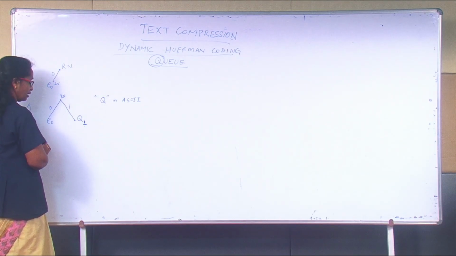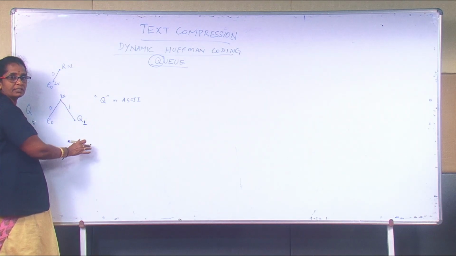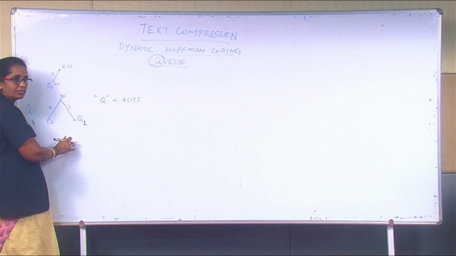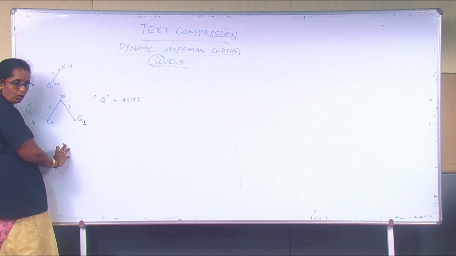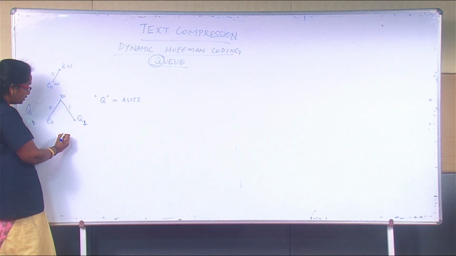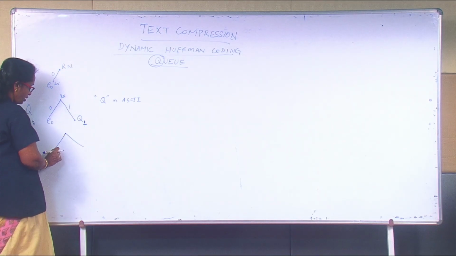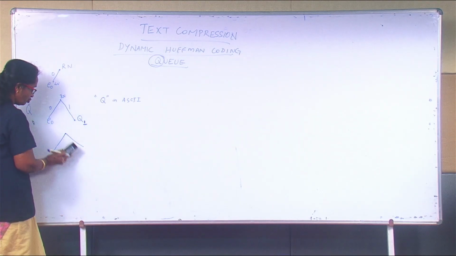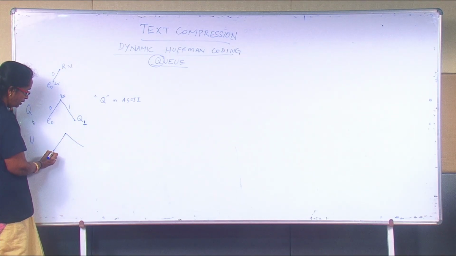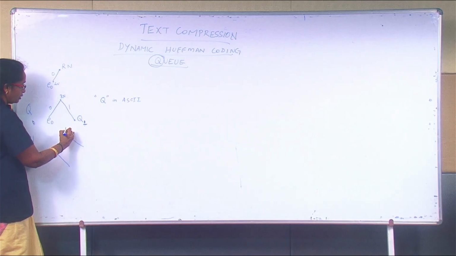U is the second character. The encoder examines the tree and identifies whether it is a new character or not. As it is a new character, it splits the empty leaf node into a branch node and redraws the existing tree.